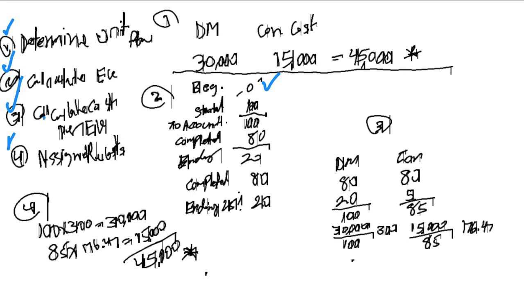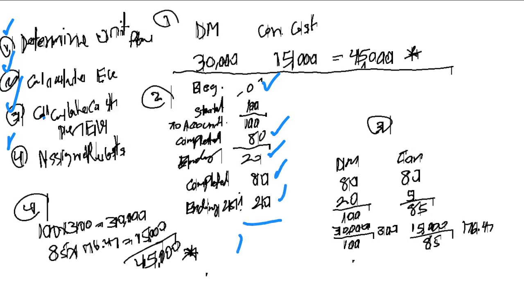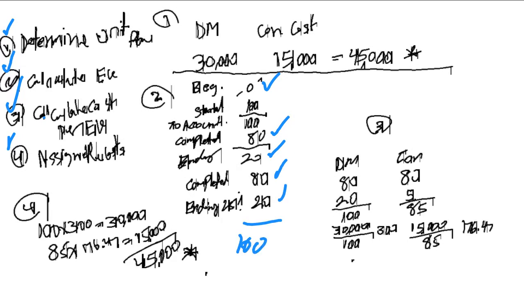So we have 100 units to account for. We completed 80 units, and we have 20 units left in our ending inventory. Again, 80 completed and 20 incomplete, so this is a total of 100 units.